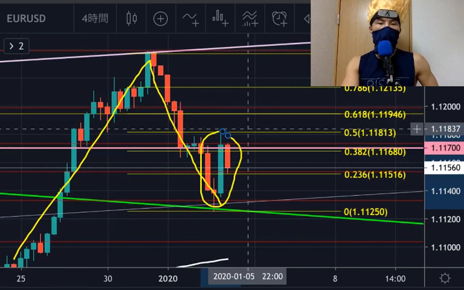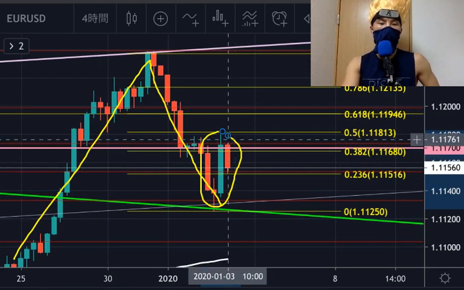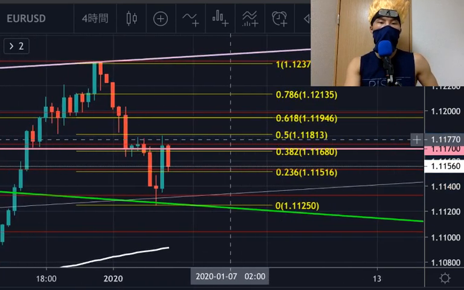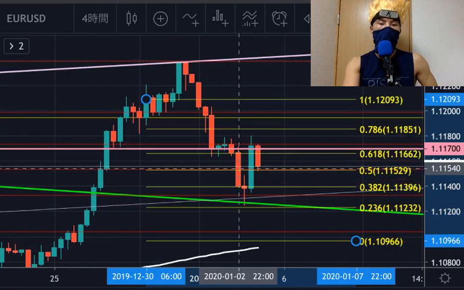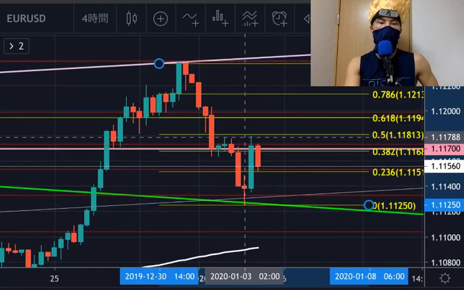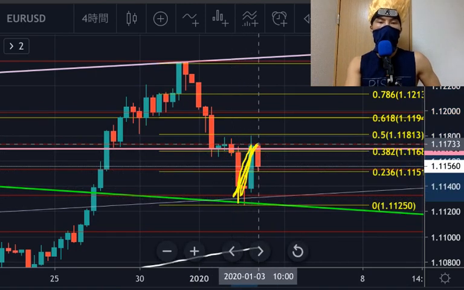But the next candlesticks made a retracement of this upper movement.